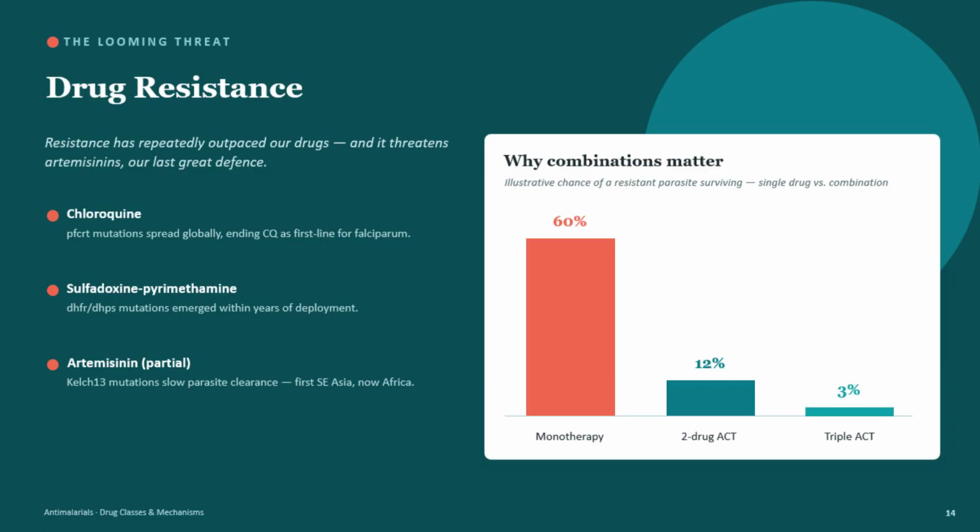Look with me at this bar comparison because it makes the core point. A resistant parasite is far more likely to survive monotherapy than combination therapy. That's exactly why we combine our drugs and steward them carefully.